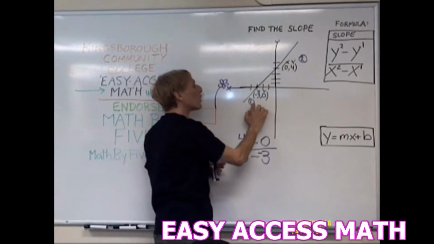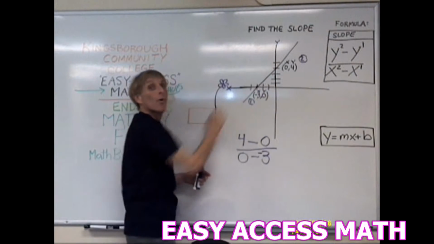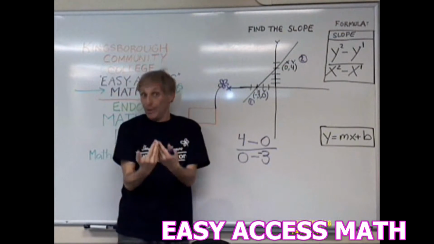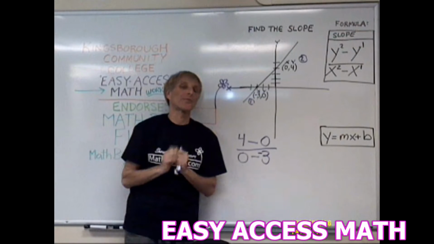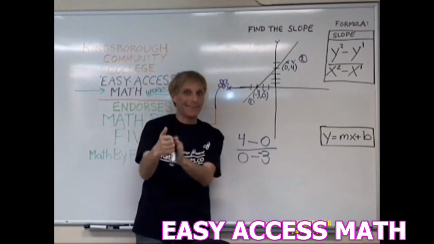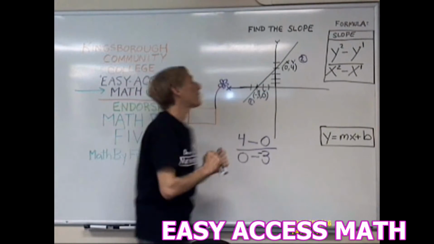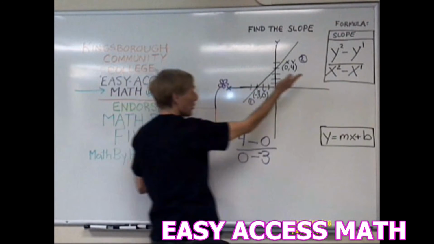Now, I labeled this one point 1 and I labeled that one point 2. It really doesn't matter which one you call 1 and 2, but stay consistent. Keep your x's and y's consistent. Now, here is my formula worked out.